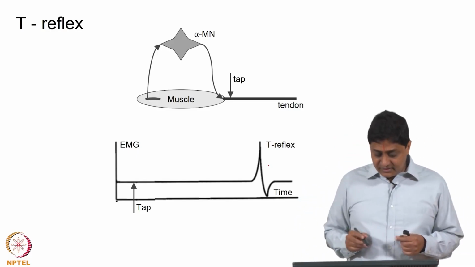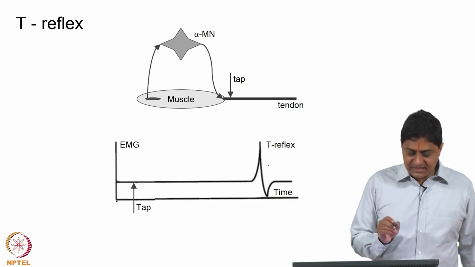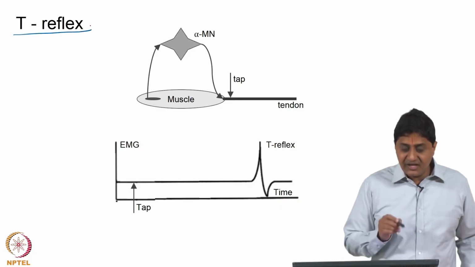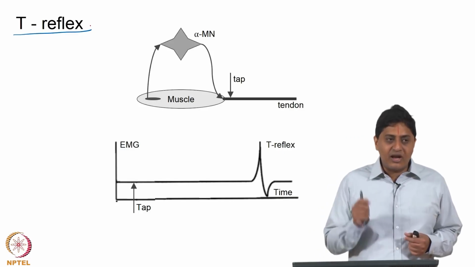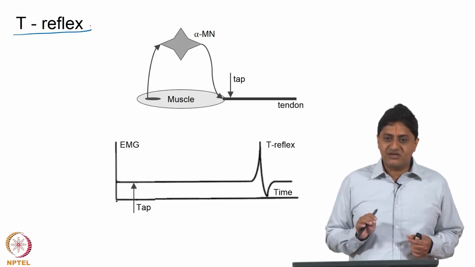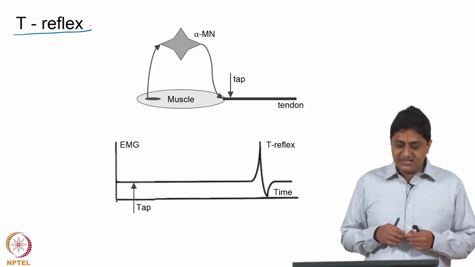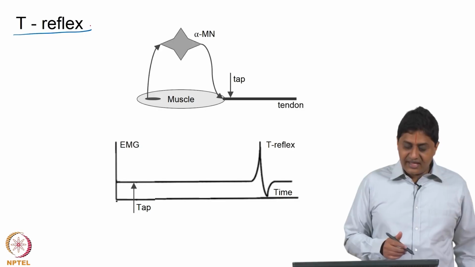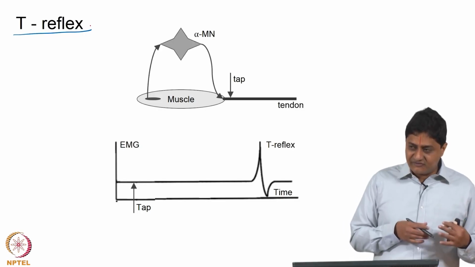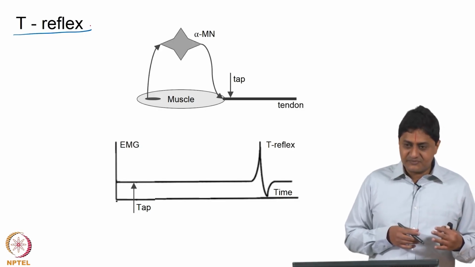And we discussed, at least introduced in the previous class, what will happen if a tendon is tapped with a small hammer. There is going to be a jerk, what is called the knee jerk response, right. This is called the tendon response or the T reflex. The electrical analog of this T reflex is the H reflex.